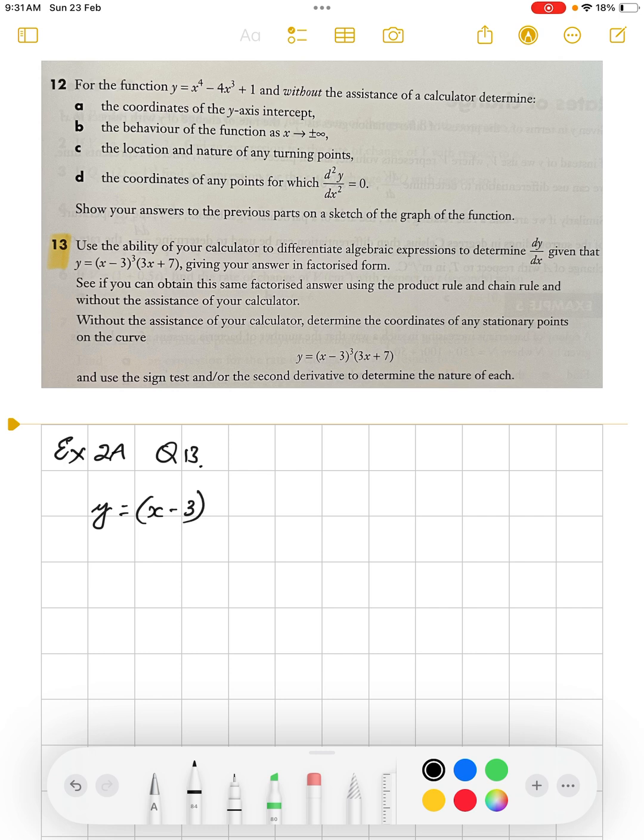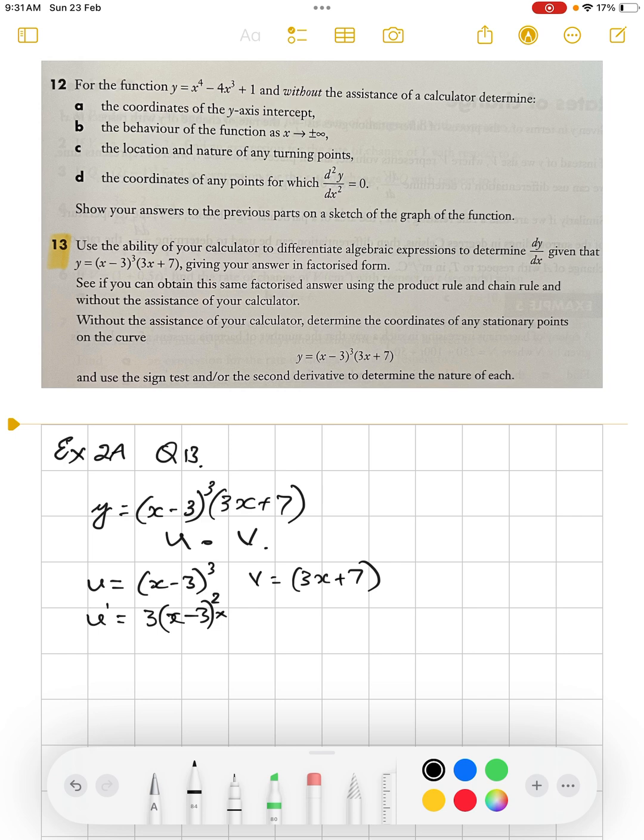We've got two products, u and v, where u is (x − 3)³ and v is 3x + 7. u' is 3 times that bracket to the power of 2, and the derivative of the bracket is simply 1. v' is simply 3.